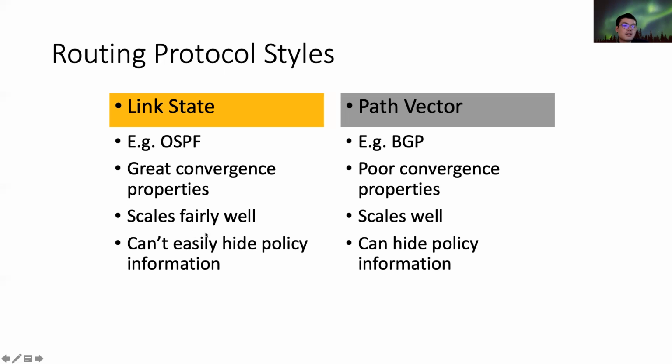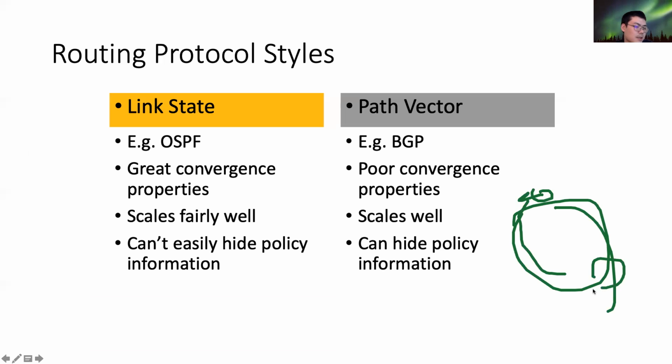Another thing is that, unfortunately, link state scales very poorly, because it can only tolerate a moderate number of ASes, a moderate number of interior routers within an AS. The reason, if you still remember, is that if you have a graph and there is some link change, it needs to be broadcast to everyone else.